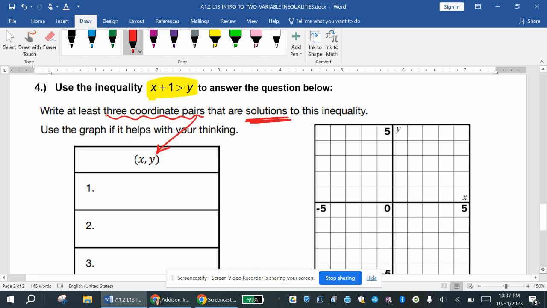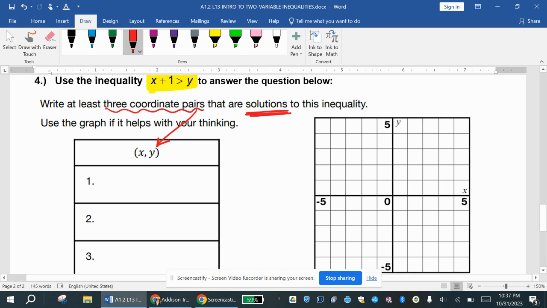Okay, well, in these situations, I think it's easier to start by picking a couple of x values. So let's say I pick something easy like 0, 1, and 2.